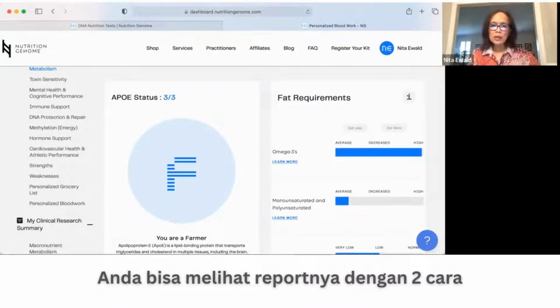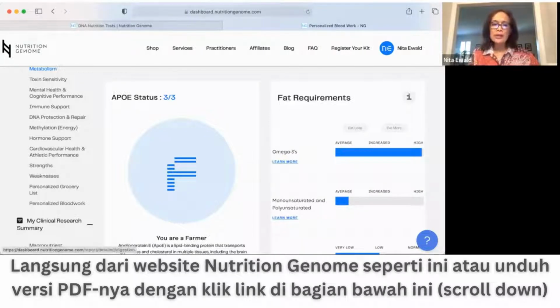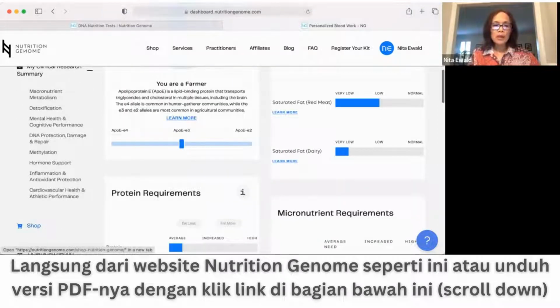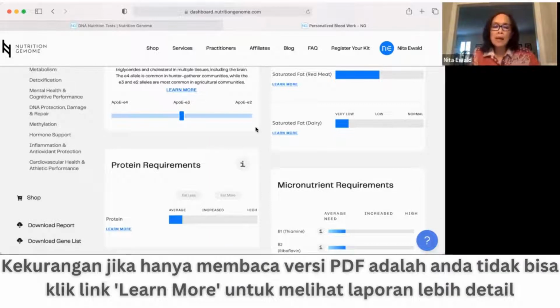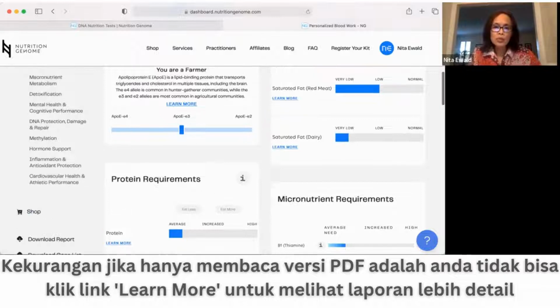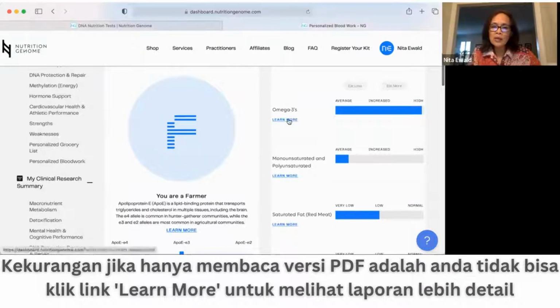You can view the reports two ways, which is directly on the computer, like I'm doing now, or you can scroll down and download the report, and you get the PDF version of it. The downside is that you're not able to click on the learn more when you do the PDF version.